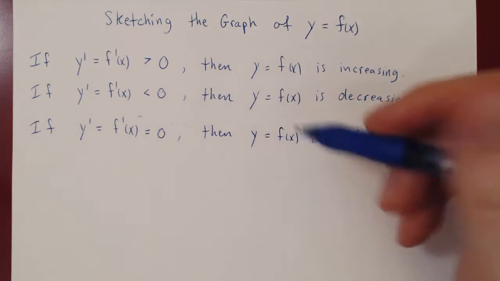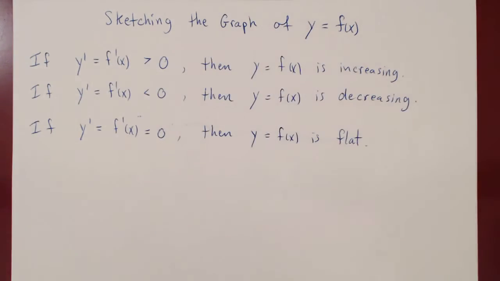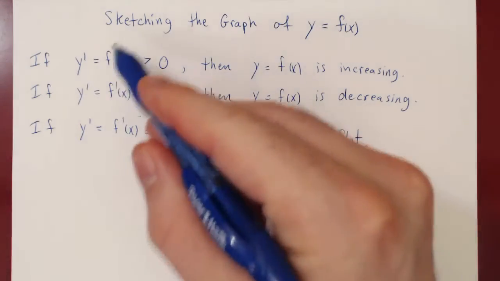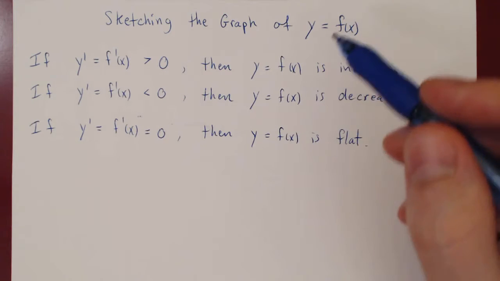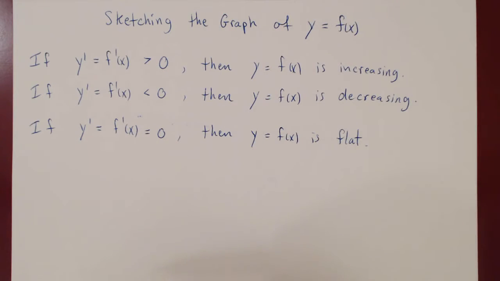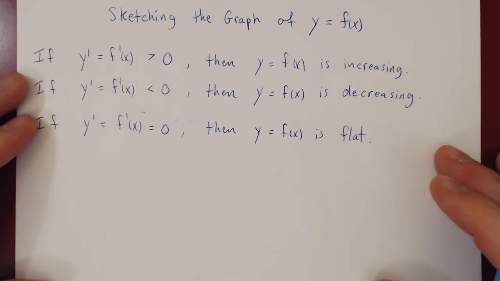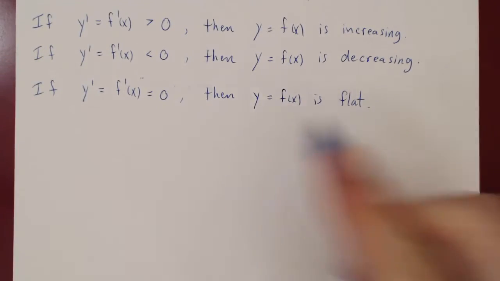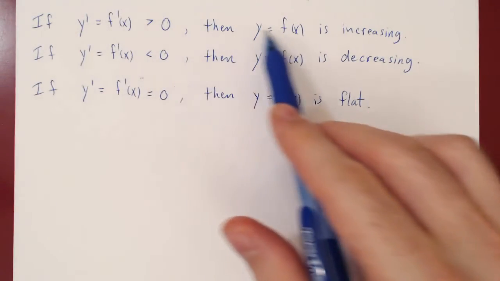The question is, is this enough information coming from the first derivative to allow us to accurately sketch the graph of the function y equals f of x? And the answer is actually no. Let's look at the first case. Suppose that the derivative was positive.